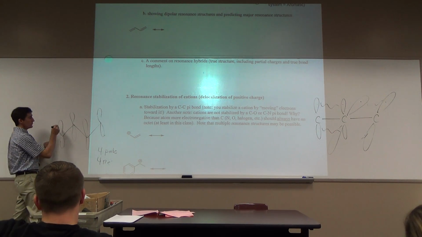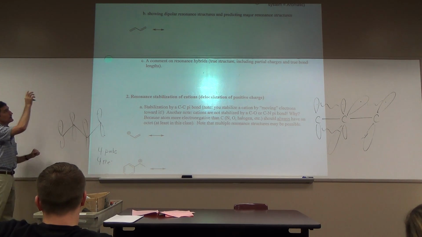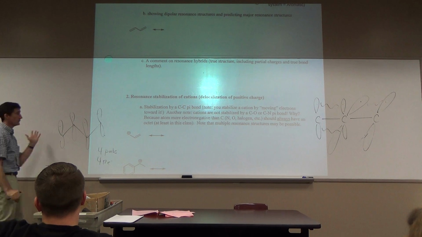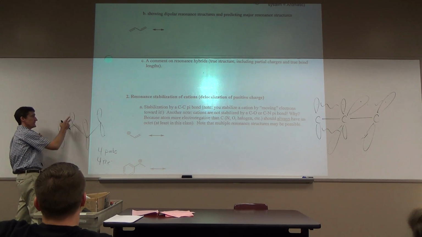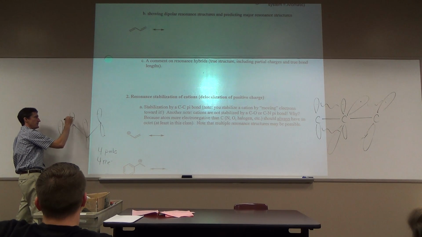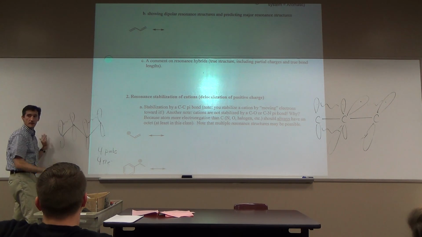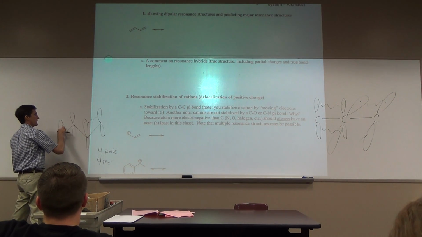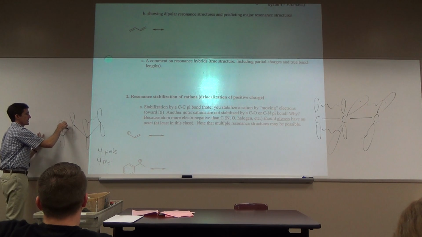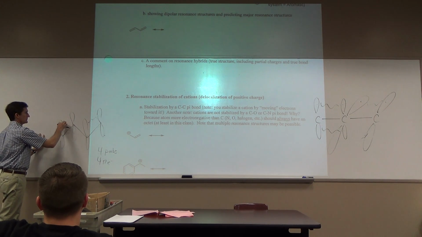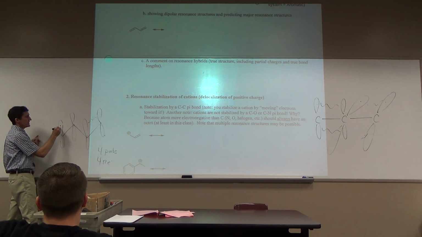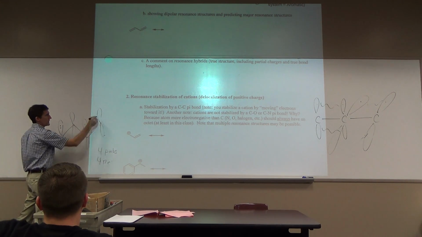Yes, I could put 1 in each. If I put 1 in each, which structure do I have of the 3 I drew? 1 electron makes a pi bond, 1 electron makes a pi bond. It's the one that's there, the original. What if I put 2 here, one there and one there?